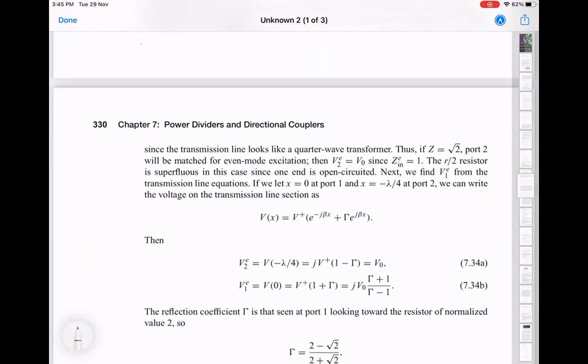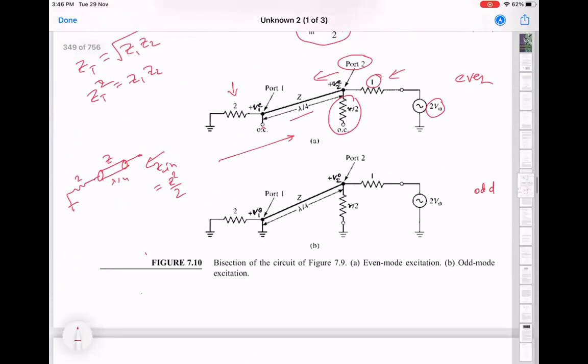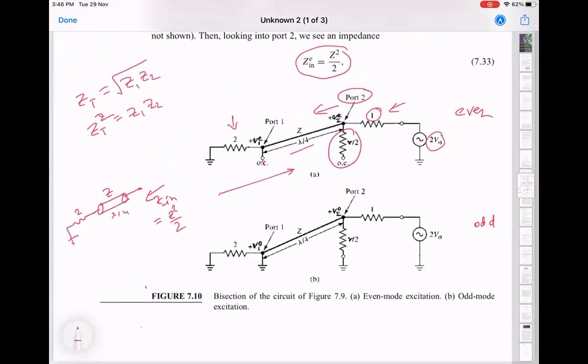So the next step is to find these voltages at either point. Now, because the input voltage here is 2 V0, and we now have a matched circuit. So we have assumed Z equal to root 2 now. We now have a matched circuit here, which gives you effective impedance 1. Then at this point, port 2, which is written as V2E here, that voltage is going to be just half of the voltage because it's 2 1 ohm resistors in series.